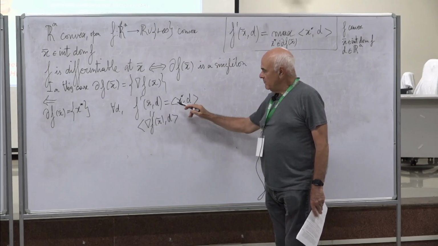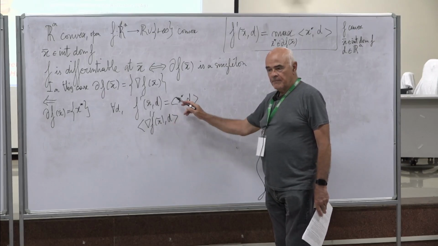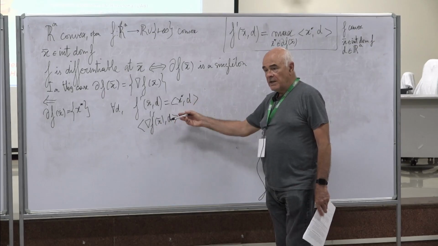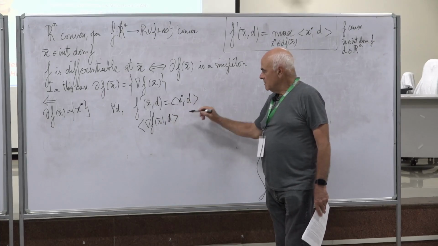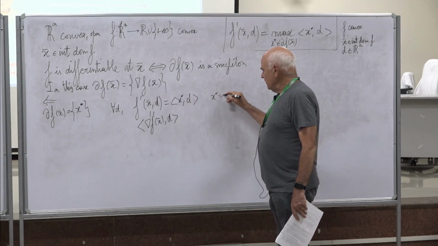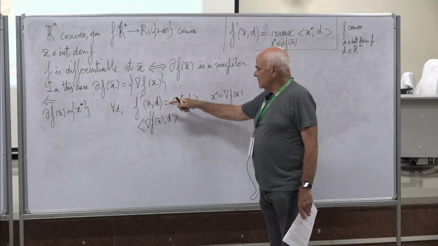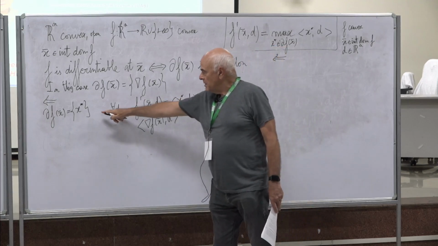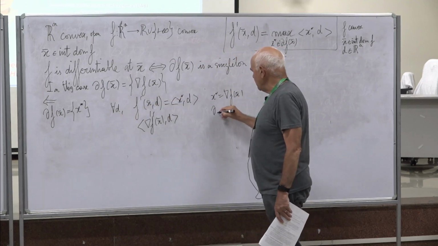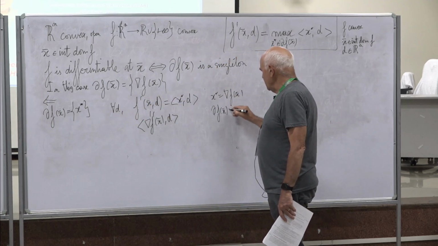This implies that the vectors defining these linear functions are the same. So this shows that x star is the gradient of f at x bar. x star was the only element in the subdifferential, so the subdifferential is the gradient.